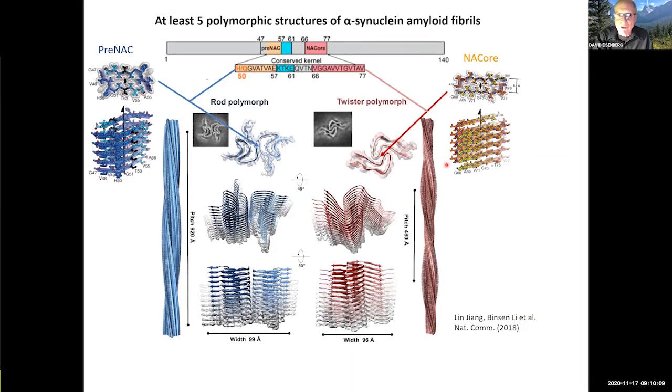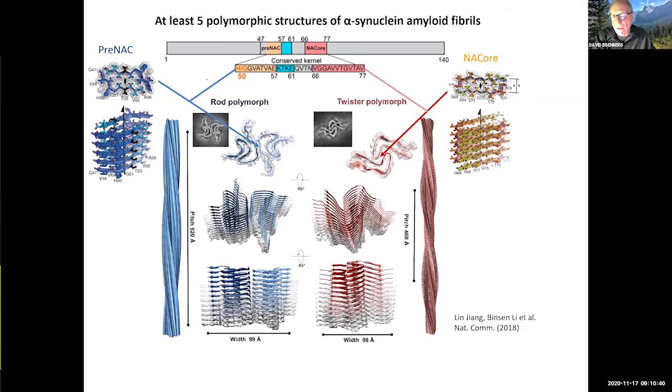So here are two structures of alpha-synuclein determined by Lin Jiang and Vincent Lee and David Boyer. And one of these structures is this red one on the right. It's a twisting fiber. And if we just take a cross section, that's shown here, through the fiber, you'll see there are two filaments, protofilaments, which twist around one another, forming the fiber.